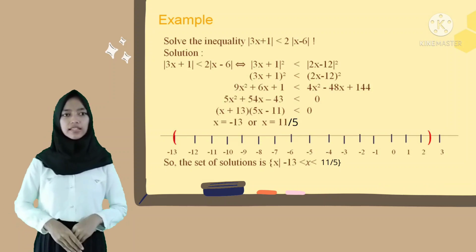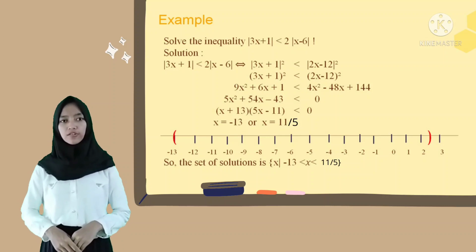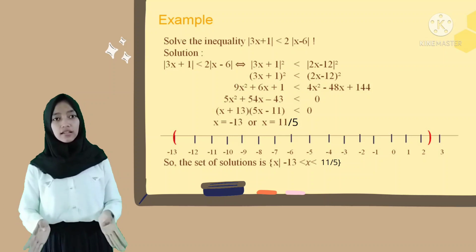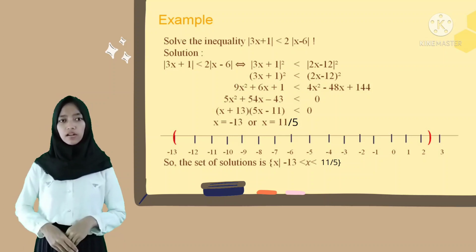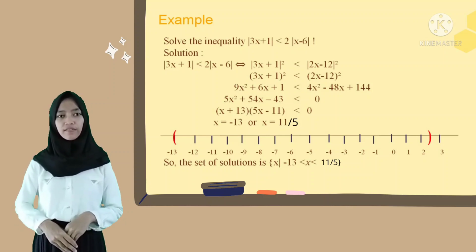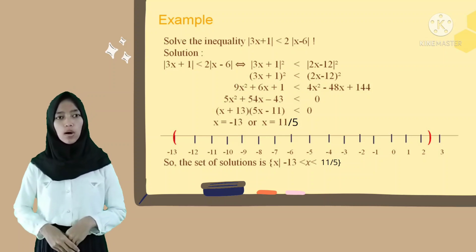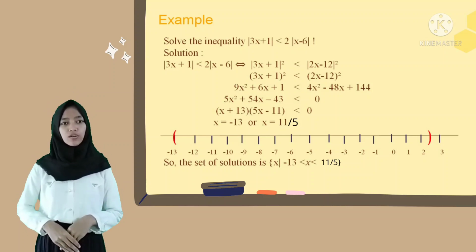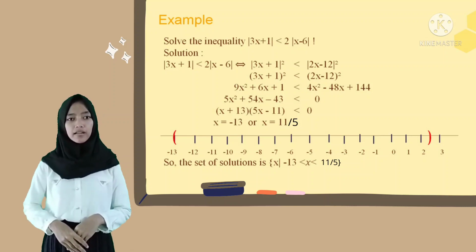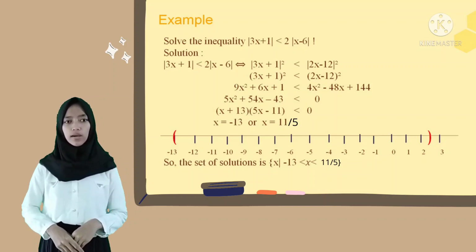Example: solve the inequality absolute value of 3x plus 1 less than 2 times absolute value of x minus 12. Okay, the solution: the absolute value of 3x plus 1 is less than the absolute value of 2x minus 12. Then the absolute value of 3x plus 1, all squared, is less than the absolute value of 2x minus 12, all squared. So 3x plus 1 all squared is less than 2x minus 12 all squared.